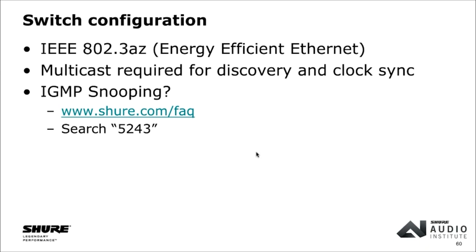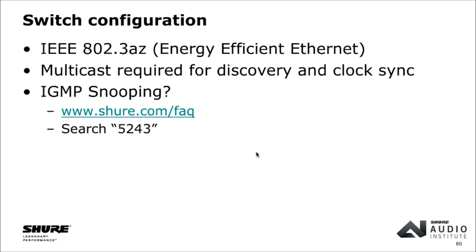As I mentioned earlier, remember the Dante flows are unicast, but multicast is required for discovery and clock sync. So you want to make sure that multicast is not blocked or inhibited in any way on your network, because that will impact these aspects of Dante. Again, too much to get into in this webinar, but there's IGMP snooping, Internet Group Management Protocol.